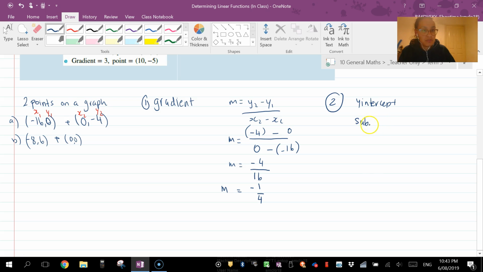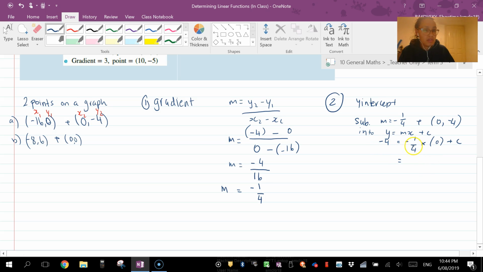So we're going to substitute m equals -1/4, and a pair, it does not matter which one, 0, -4, the smaller numbers, into y equals mx plus c. Y in this case is -4, m is -1/4, x is 0, c we do not know what that is. Substitute, and solve using algebra.